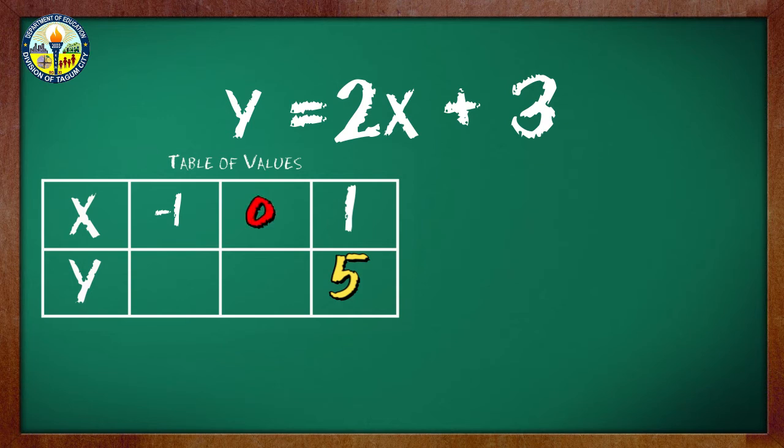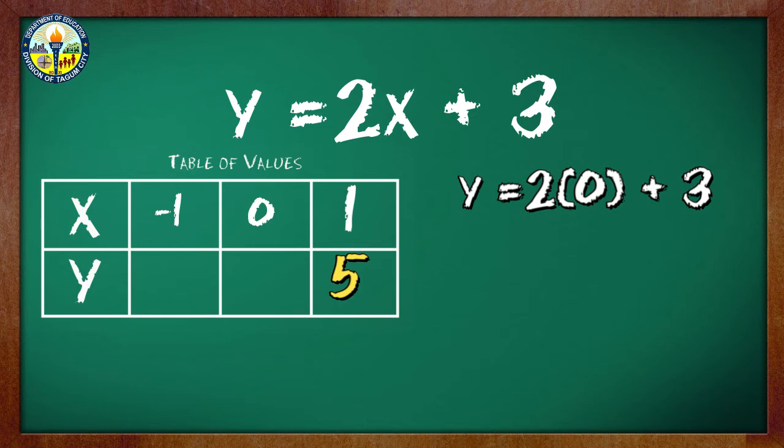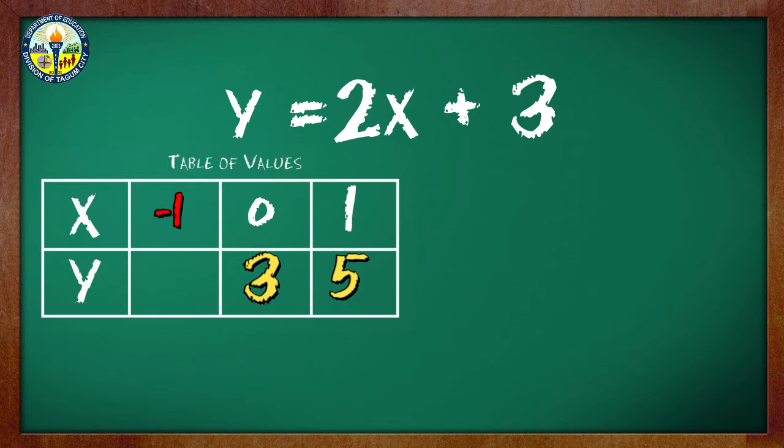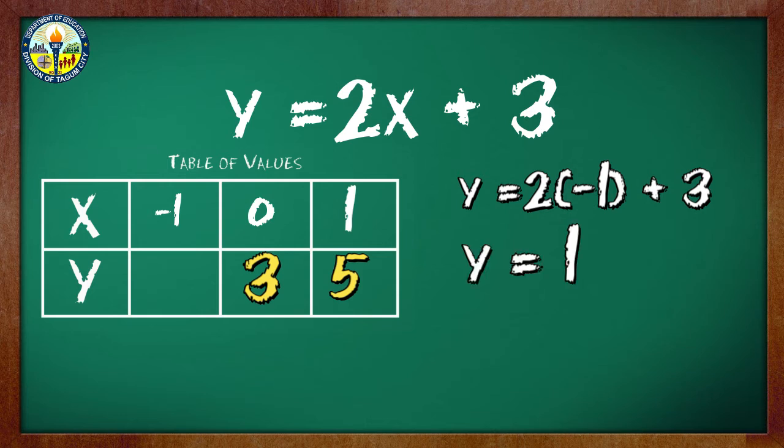When x is 0, by using the same procedure, we have y is equal to 2 times 0 plus 3, which gives us the value of y as 3. Using negative 1 as the value of x, we have y equals 2 times negative 1 plus 3. Thus, y is 1.